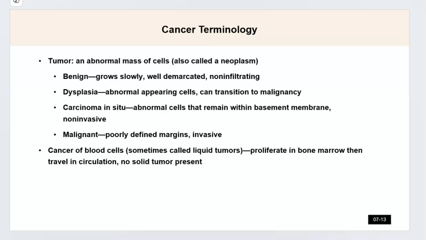The restriction point checkpoint ensures that nutrients and growth factors are present and the extracellular environment is favorable. Once the cell has reached its necessary level of activation, it's able to move through that checkpoint and proceed to the next part of the cell cycle. So that's a good example of what kind of checkpoints there are.